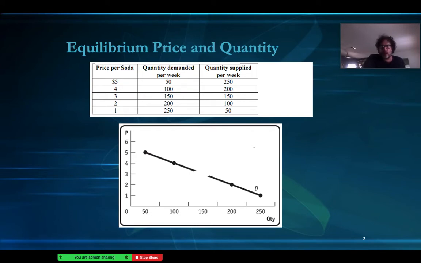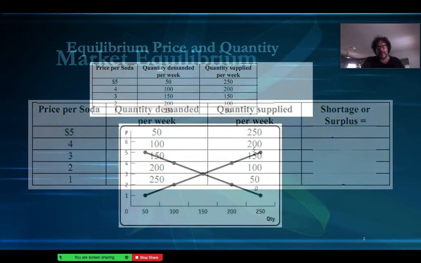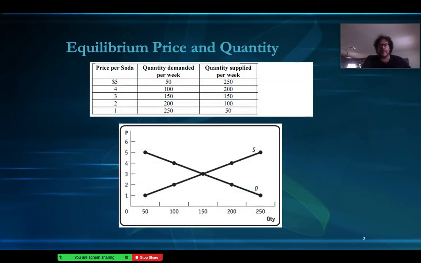Higher prices, lower quantity demanded. And then you have your supply curve illustrating the law of supply. The upward slope talks about the direct relationship between quantity supplied and price. And right where they meet in the middle, this is the market equilibrium. This is where the market is happy, okay?